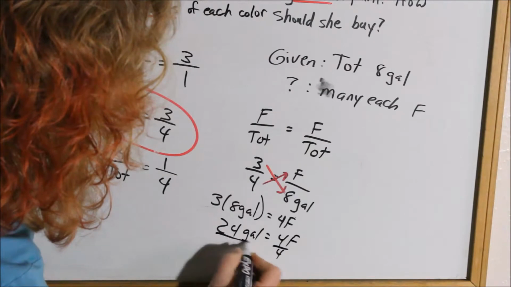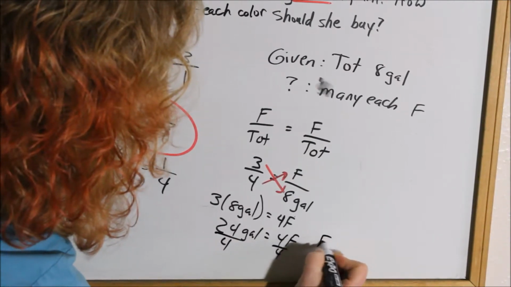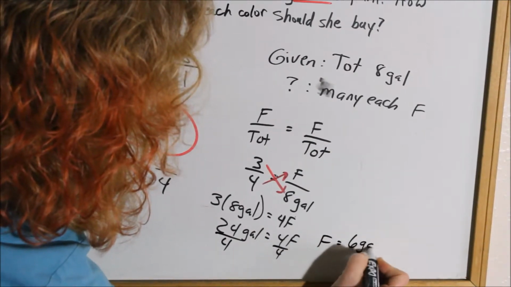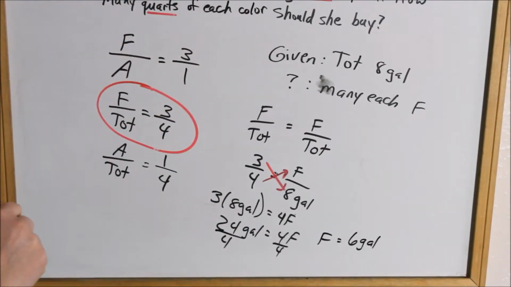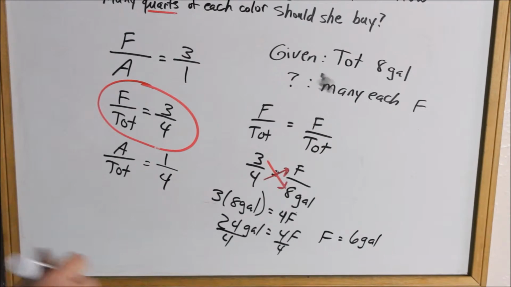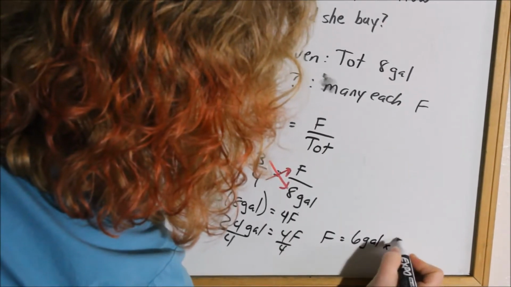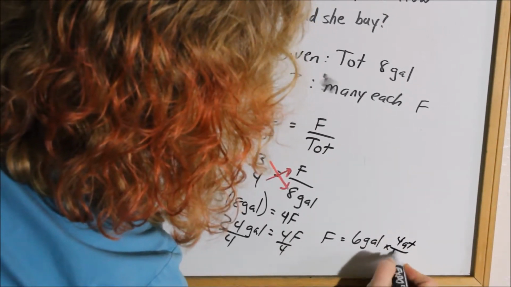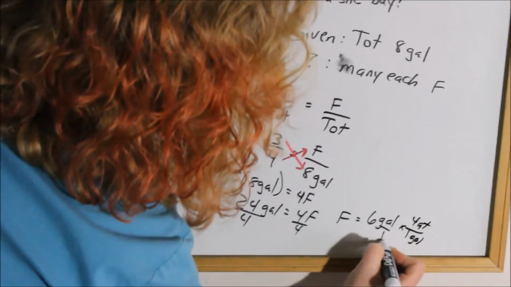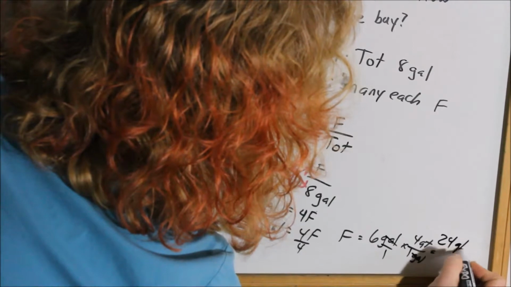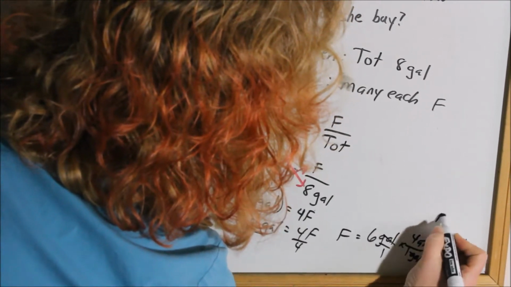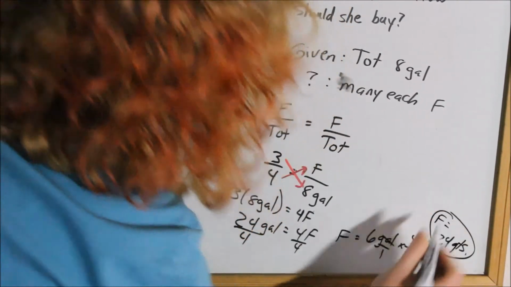Divide both sides by 4. So F equals 6 gallons. So the amount we need for forest green is 6 gallons, but they're asking in quarts. There are 4 quarts to a gallon. So if we multiply 4 quarts to 1 gallon, our gallons go away and we end up with 24 quarts. That's how much of the forest green that we need.